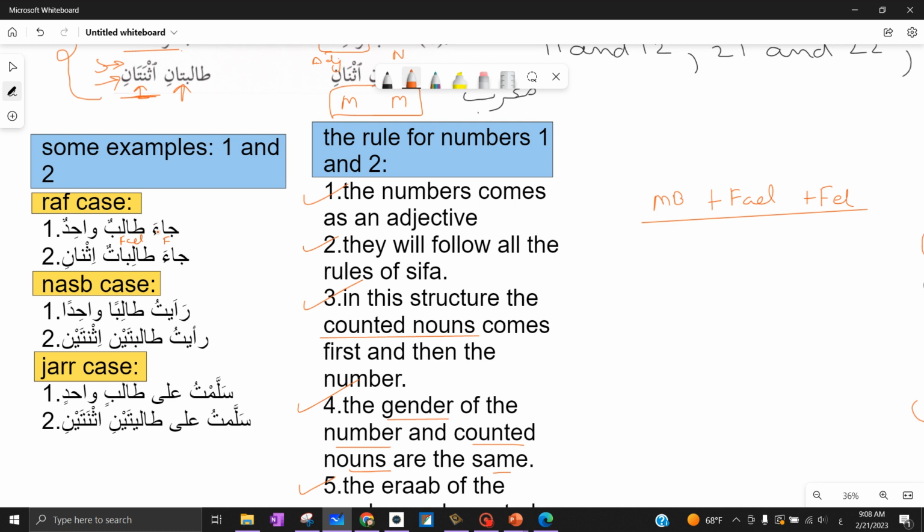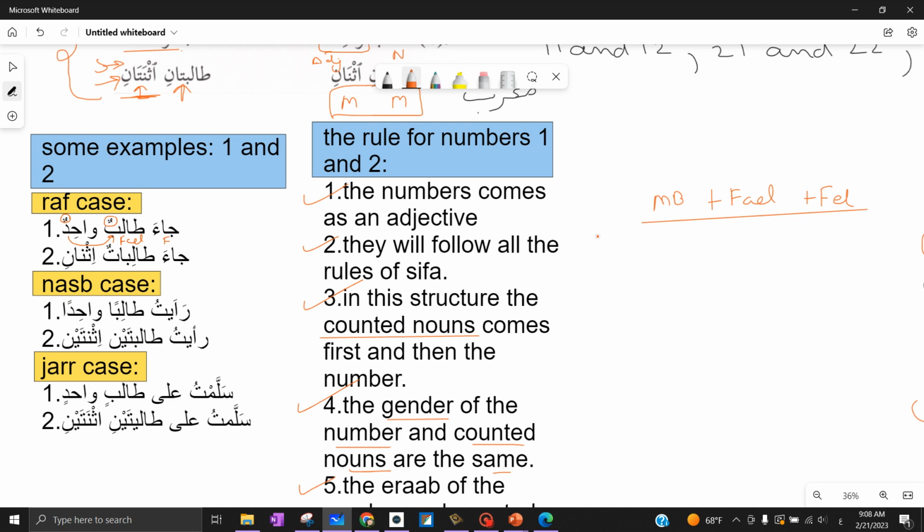So if you see there is a jumla fi'liyya, follow this formula. Ja'a is a fi'l. Then comes the fa'il, which is in raf case, and then comes the maf'ul bihi. But this wahidun is not maf'ul bihi. Why? Because it is following the sifa. This is the sifa for talib. Don't ever make the mistake that the number is coming in maf'ul bihi, so it should have a fathatain.